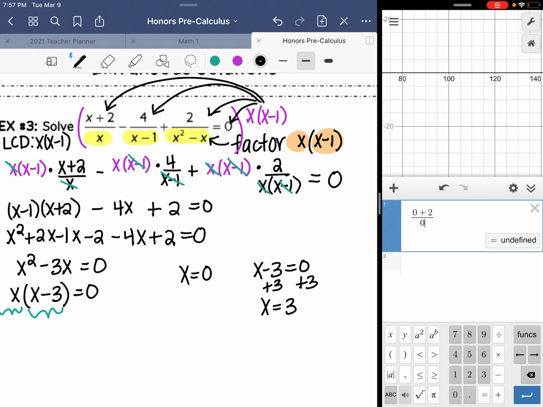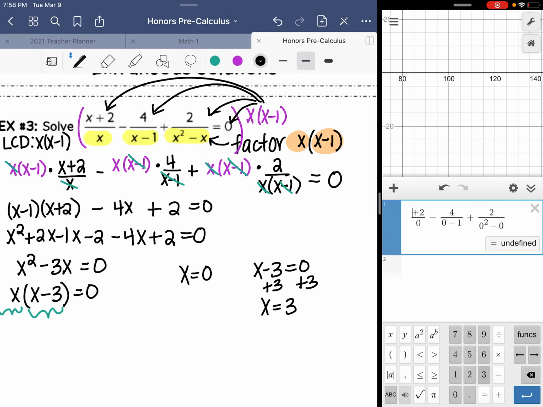Well, right there, we're going to see that it's undefined. 0 is not going to work for us here. All right, so I'm going to go back. I'm just going to finish plugging it in just to make sure that everybody's understanding that it's still undefined as long as one piece is undefined. So we have 0 squared minus 0. And again, it doesn't equal 0. It's undefined, so that's not going to work for us.